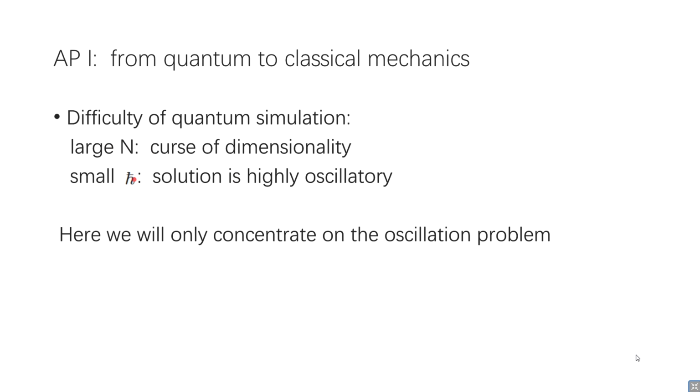If you combine large N and small h bar, that's just too much for the computer to solve. Of course, today I'm not going to talk about the first difficulty, because that's another difficulty. I will concentrate on this small h bar problem. Essentially, I try to see whether we can overcome the constraint due to this highly oscillatory nature of the solution.